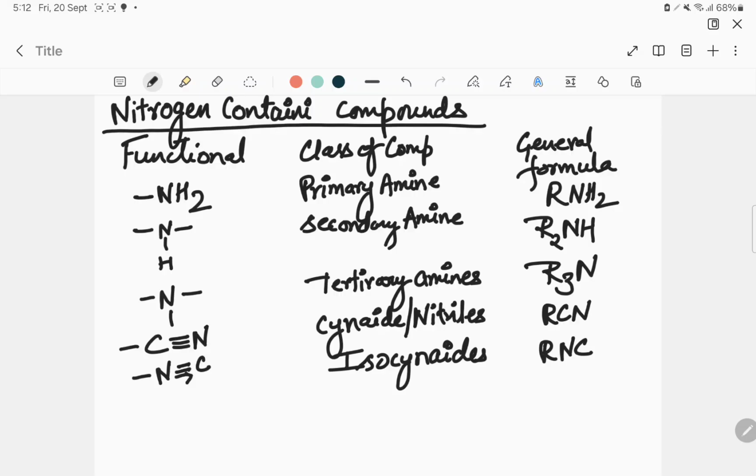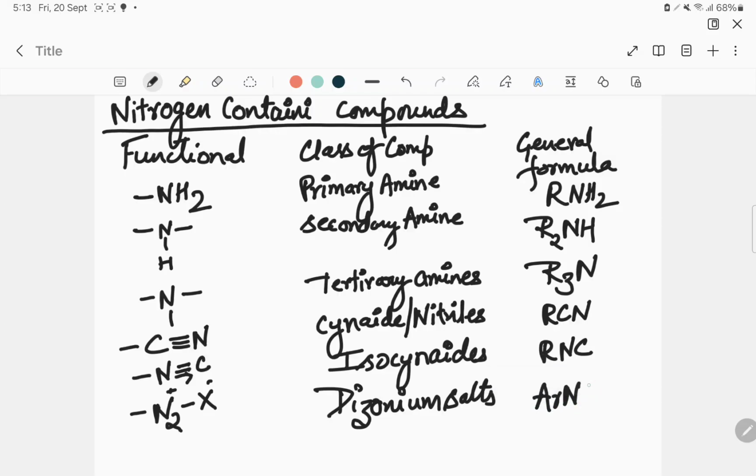Then we have nitro compounds. They have the functional group NO2. They are called nitro compounds. And another class of compounds are known as diazonium salts, and they have the formula N2 X negative.